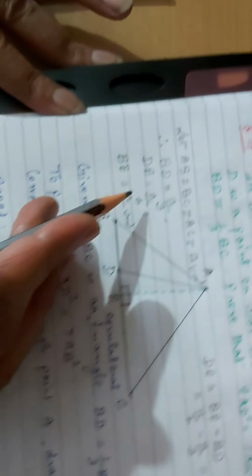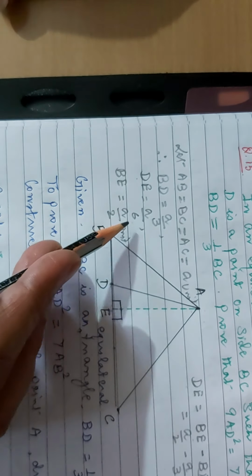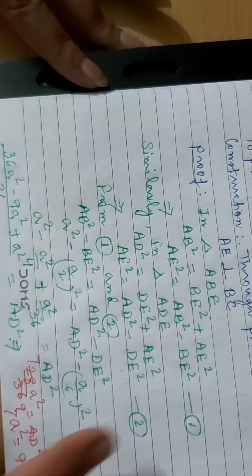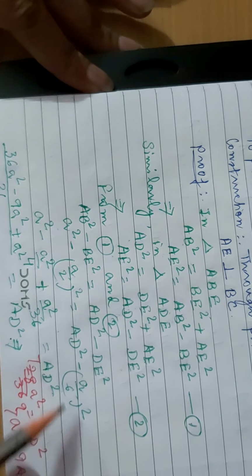I have told you that DE square we found to be A by 6, so DE square will be A by 6 whole square.